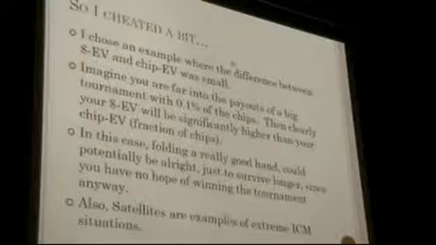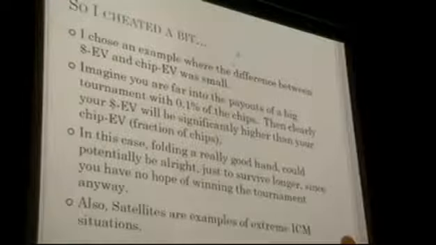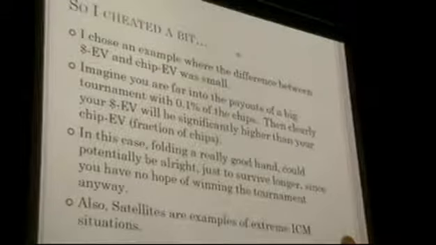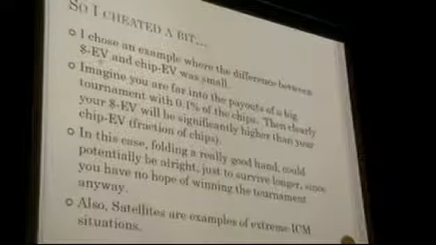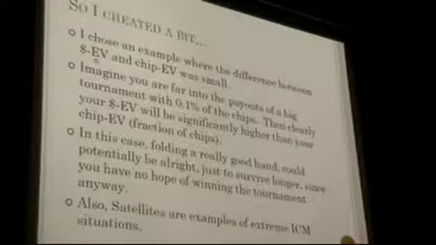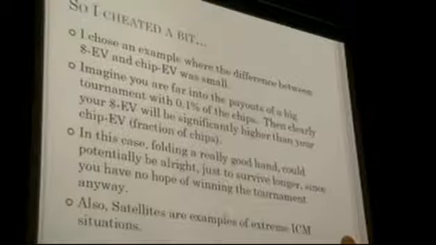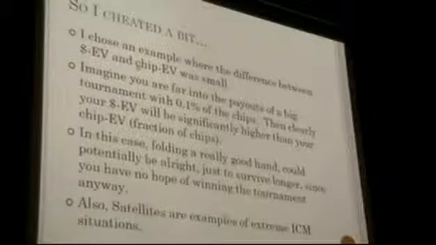Okay, so I did choose an example in this calculation where the difference between money EV and chip EV is small. One example where the difference can be big is if you're far into the payouts of a big tournament, and you have, let's say, just 0.1% of the chips, which is a very small fraction.